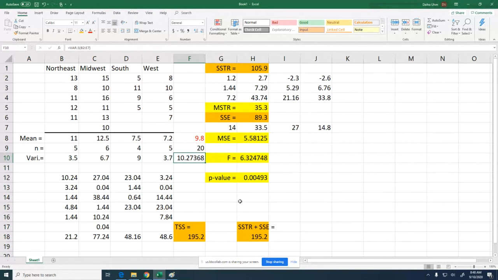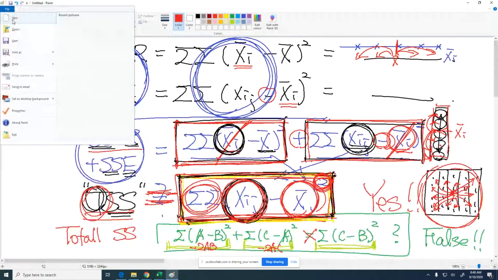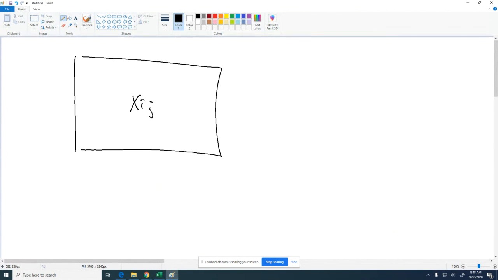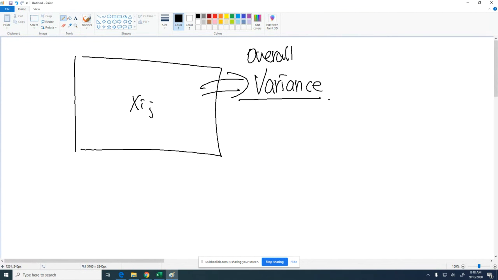Please look at the overall variance. How many degrees of freedom? The variance. And what is the formula for the variance? Overall. Let me go back to the blank screen. Okay, now here we have a data. It's xij's. I want to take the variance. It's overall. How can I take the overall variance?